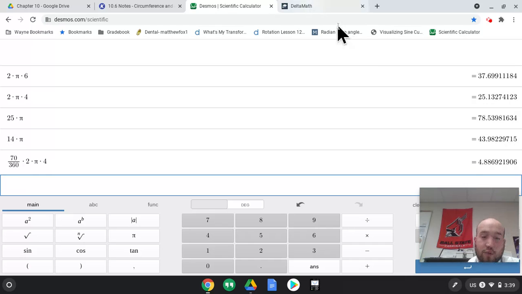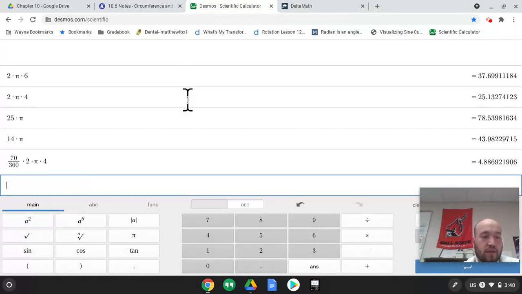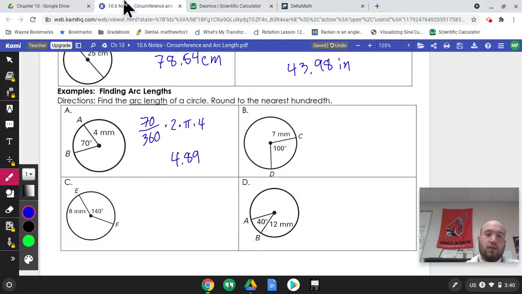And we get, let's see, did I do that right? 2 times pi times 4, so we get 4.886. We'll round up, so 4.89. All right, now on the next one, oh, I forgot my label. That's going to be millimeters.